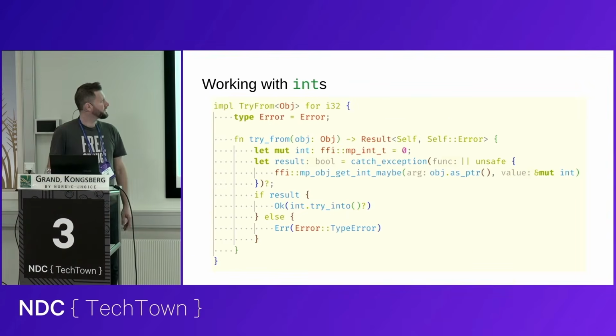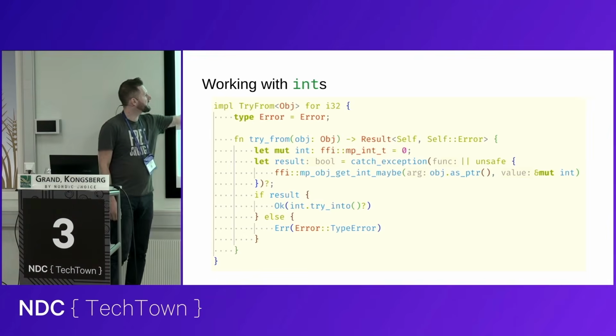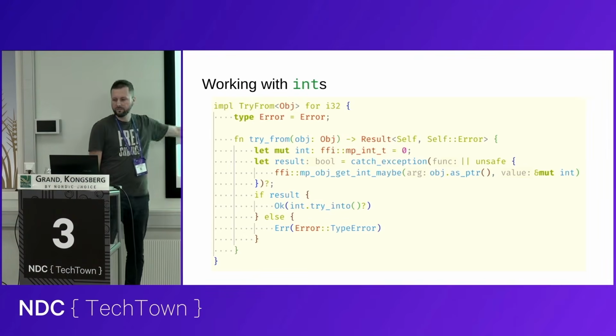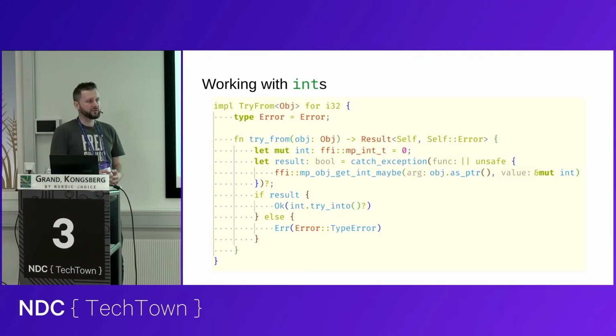For instance, ints. There's a pretty rich API in C for MicroPython that has a lot of functions to work with Python values. For instance, mp_obj_get_int, which will return the integer as a C value or throw an exception. On the Rust side, we have the standard From and TryFrom traits that give us idiomatic conversions.